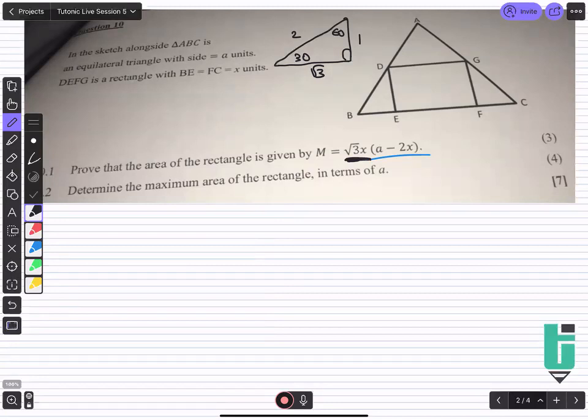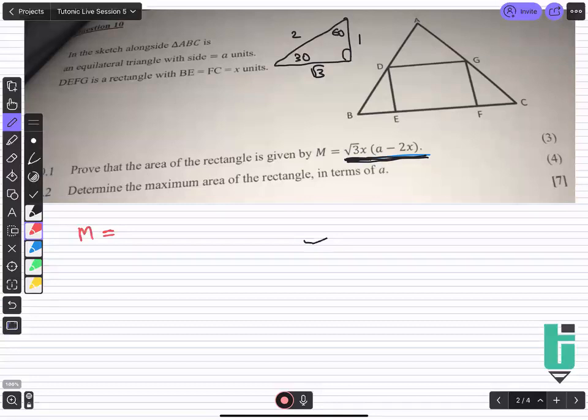But to find the derivative of this, is this going to be enough? Or would it be better to do something else first? What would you want to do to this equation if you wanted to take the derivative? Yes, simplify it. So what could we do?